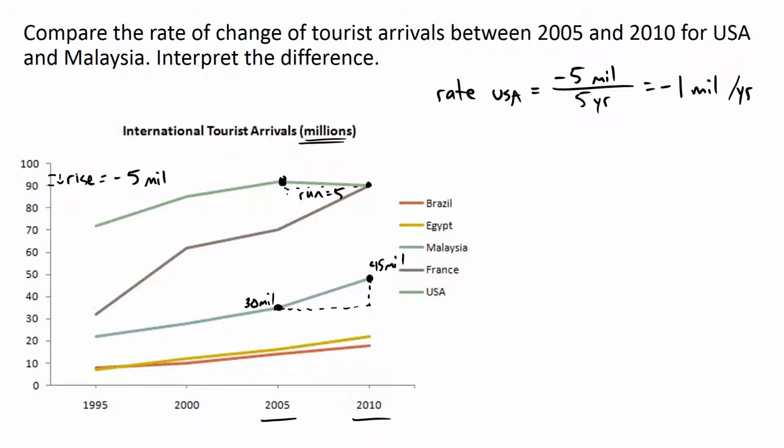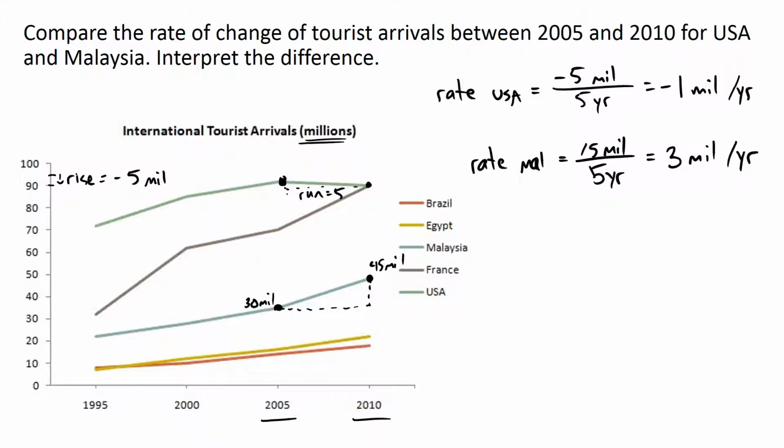But we're just doing our best to estimate those values. And so the rate for Malaysia is equal to, well, from 30 to 45 is an increase of 15 million tourists over the same 5-year period. So that's 15 divided by 5 is 3 million tourists per year.